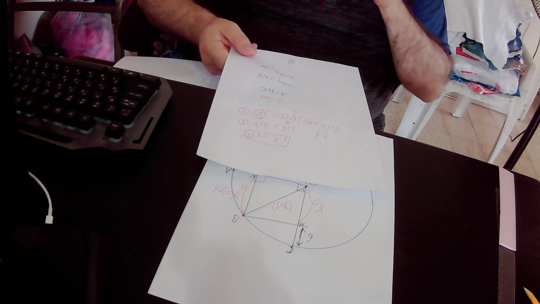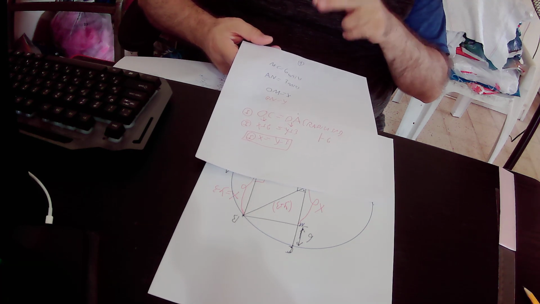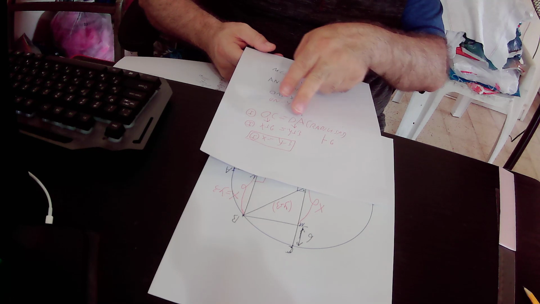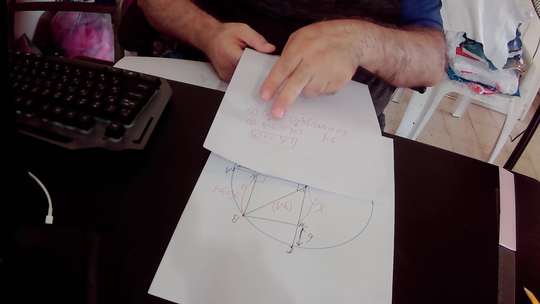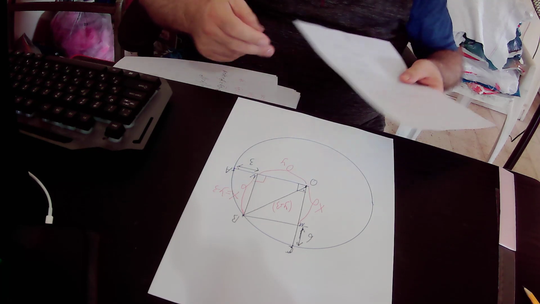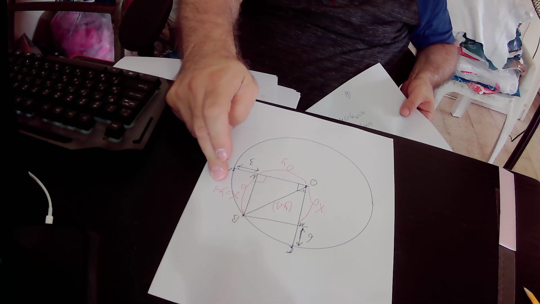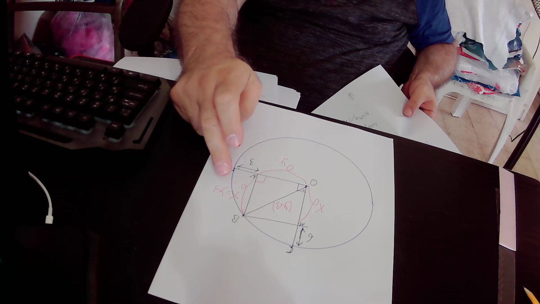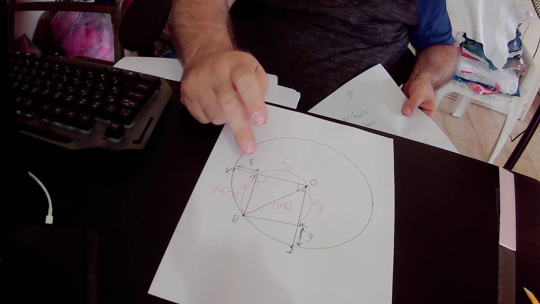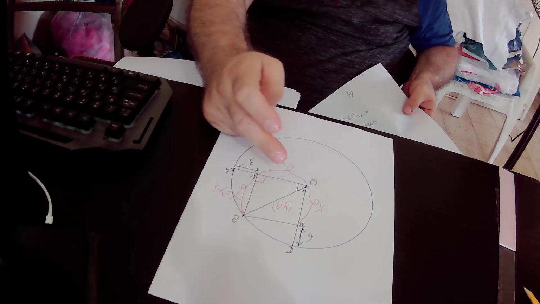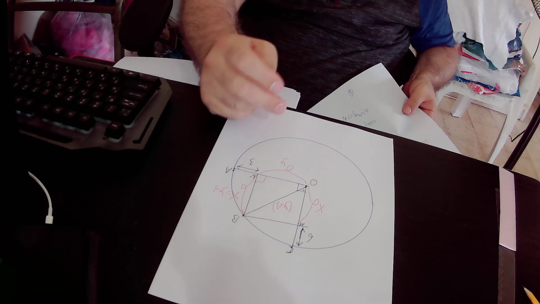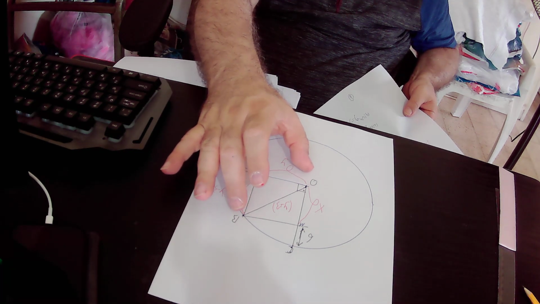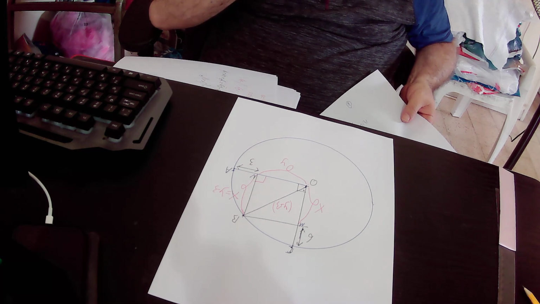Okay, so we can subtract 6 from the first equation, and we got that x equals to y minus 3. This side of the right triangle OBN equals to y, and OB is the radius of the circle.